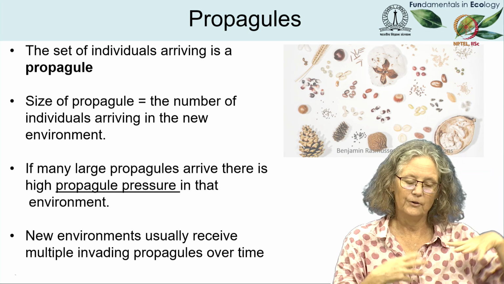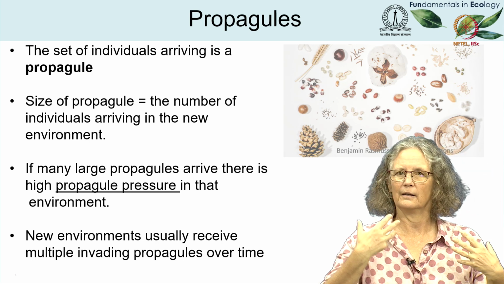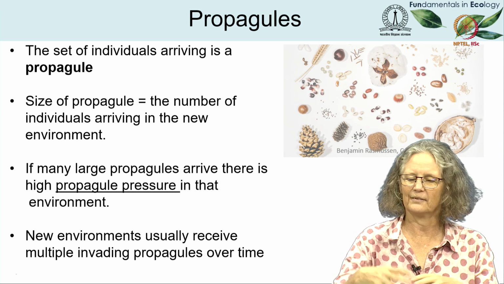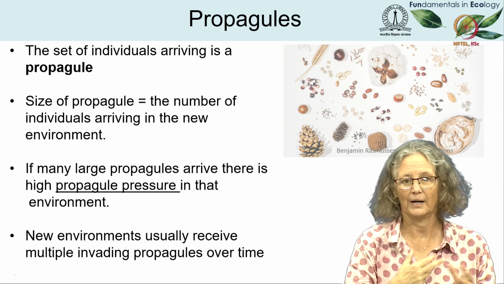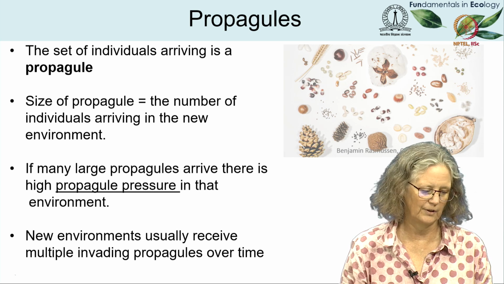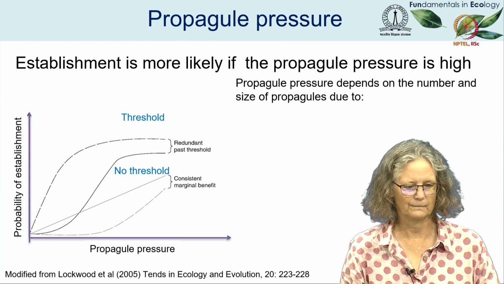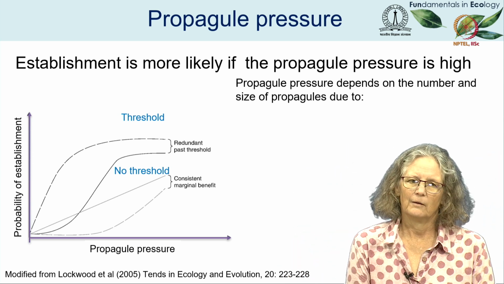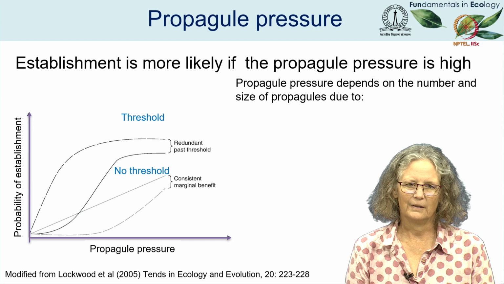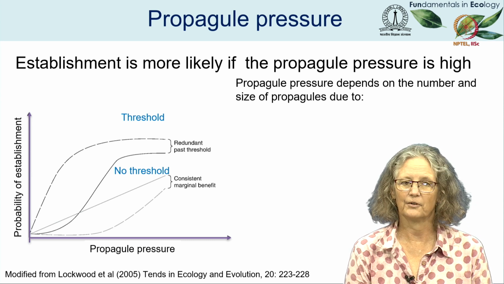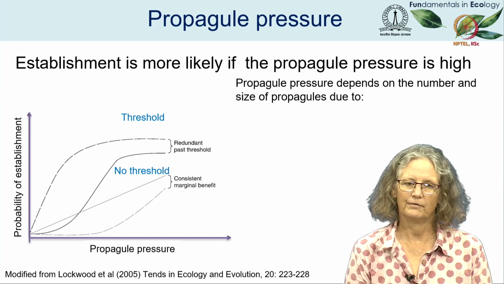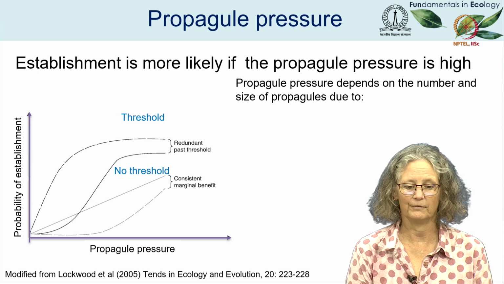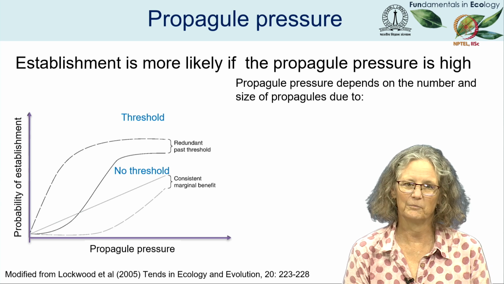If a potentially invaded environment receives a propagule, it's likely that it's going to receive other propagules later, or has already received propagules via the same routes. And so ecologists studying invasion, especially if they're modeling invasion or trying to predict the severity of a particular potentially invasive species, think quite a lot about propagule pressure.